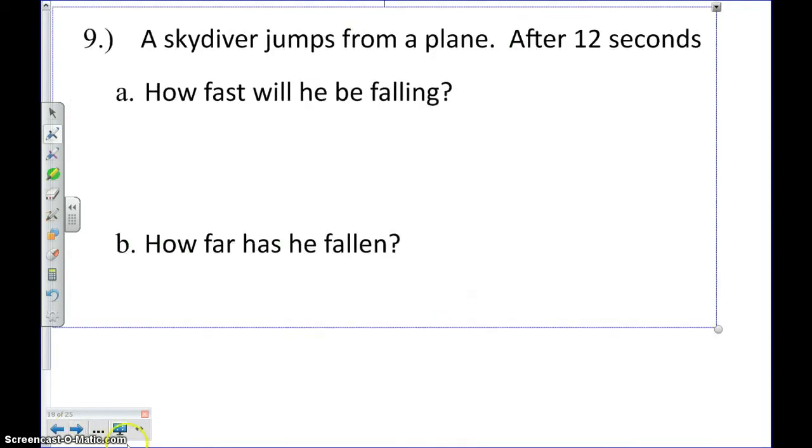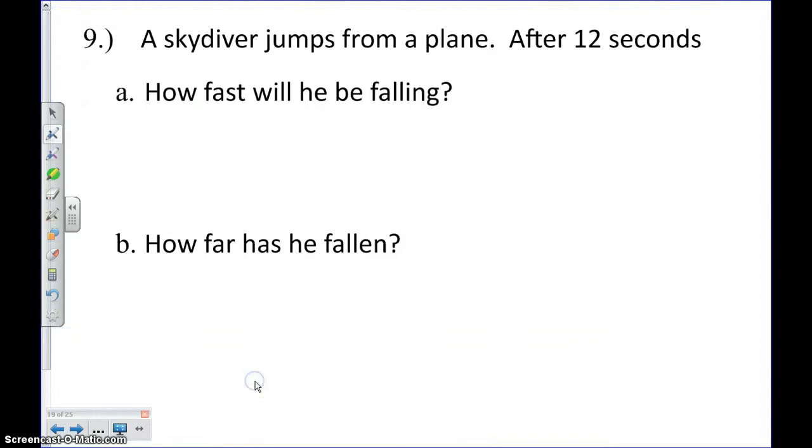So a sky jumper dives from a plane after 12 seconds. How fast will he be falling? So I have to draw my picture. So let's get my plane.